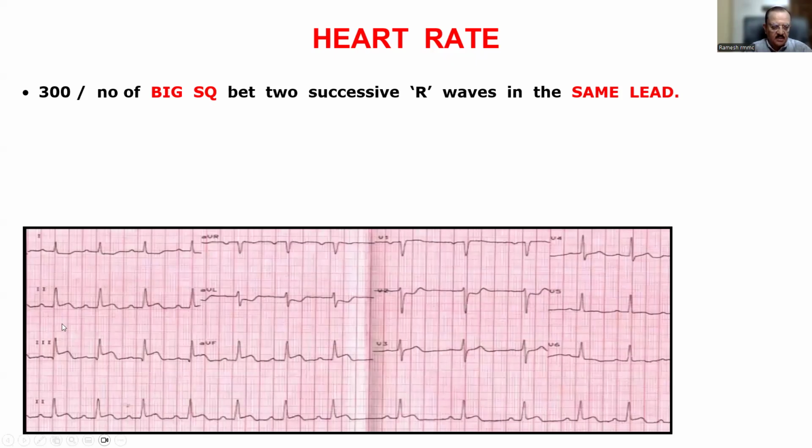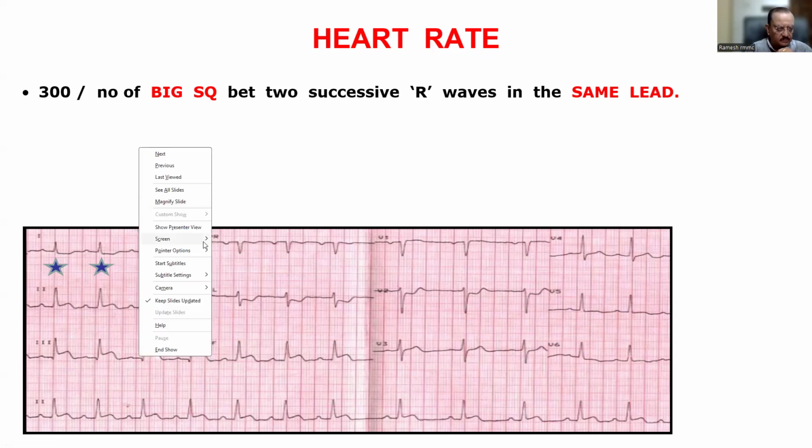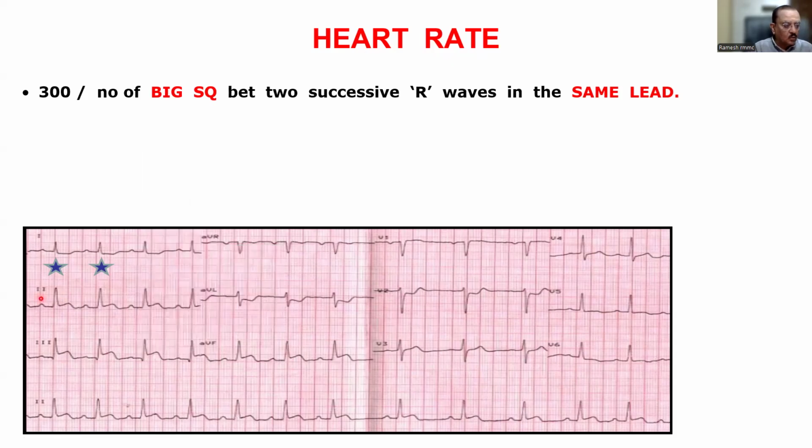See, for example, this is the ECG. See how to calculate the heart rate. I told you to choose any one particular lead and mark 2 R waves. Here I have taken lead 1 and marked 2 R waves. One R wave here and another R wave here.